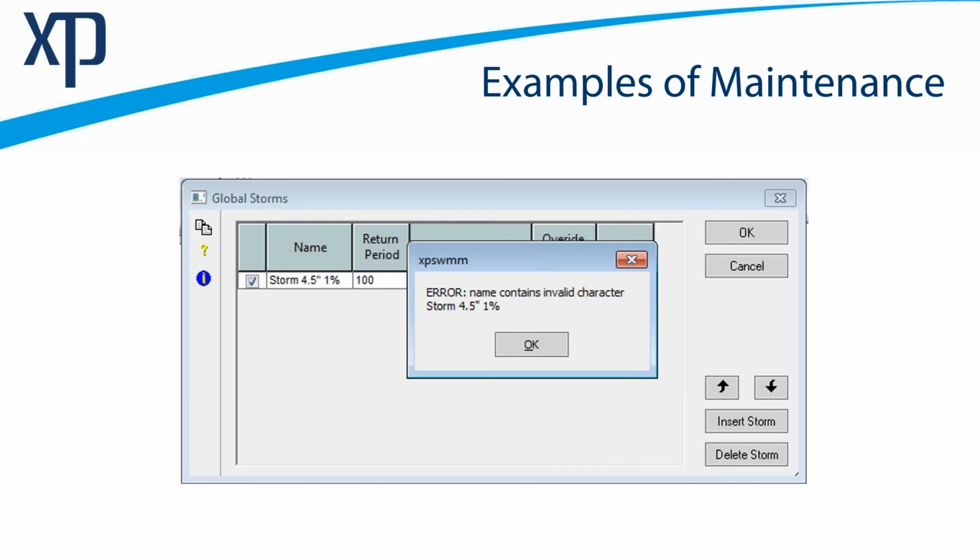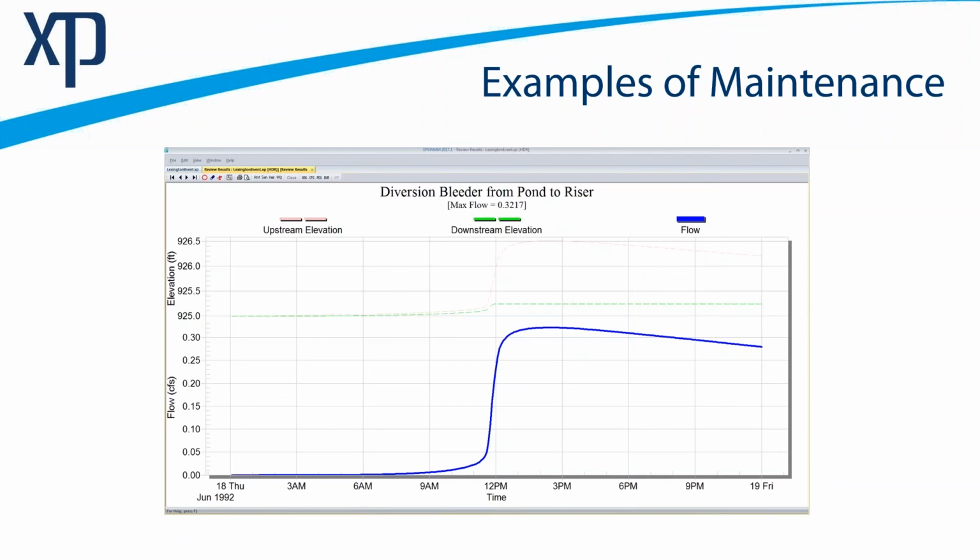And the global storms and the scenarios, their names get appended to the file name for the model results for each of those storms or scenarios. So now there's a check made in the global storms dialog and the scenarios, and we'll generate an error. We won't let you proceed with a name that's not going to work for you. So that's an example of improving that user experience.